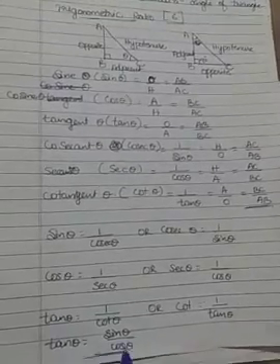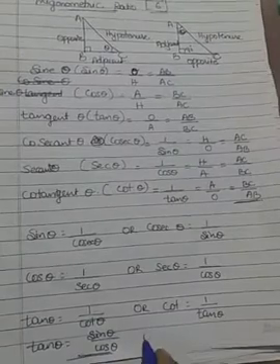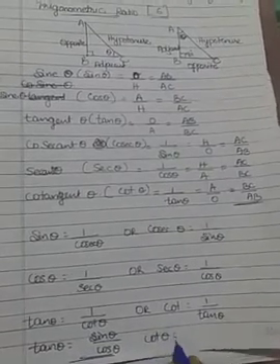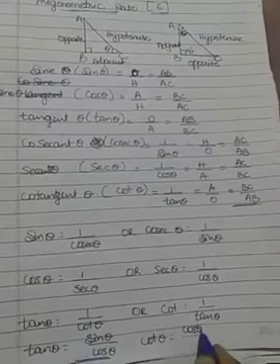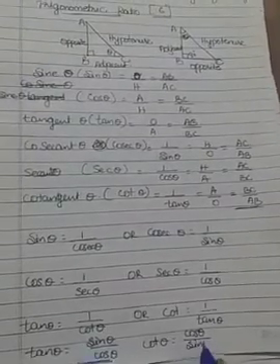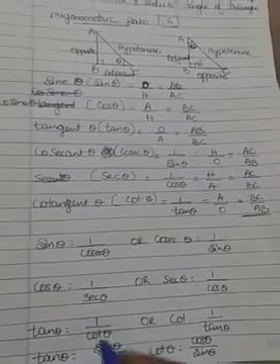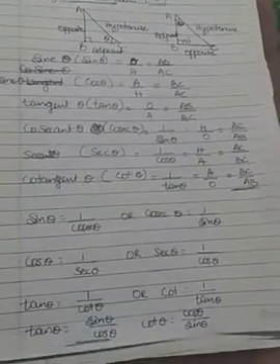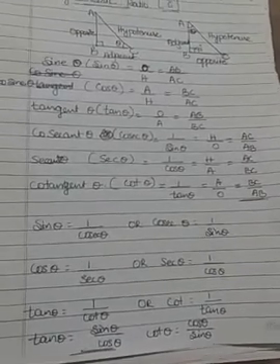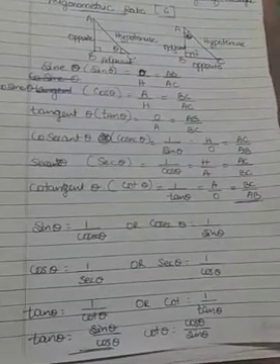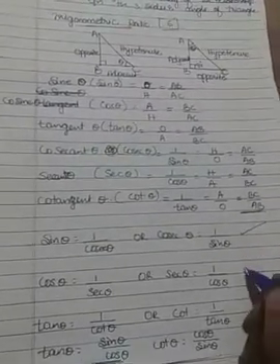And cot theta is the reciprocal of tan theta, so we take the reciprocal: if tan theta is sin theta divided by cos theta, then cot theta becomes cos theta divided by sin theta.